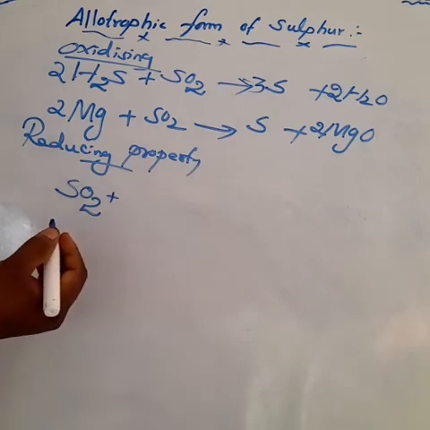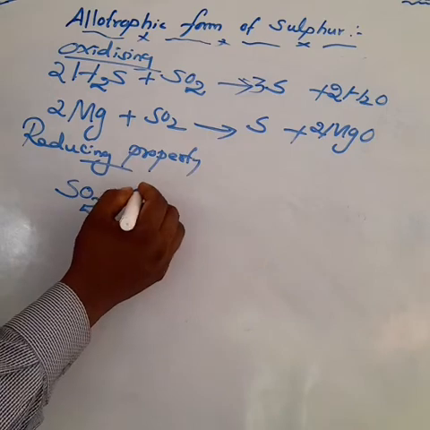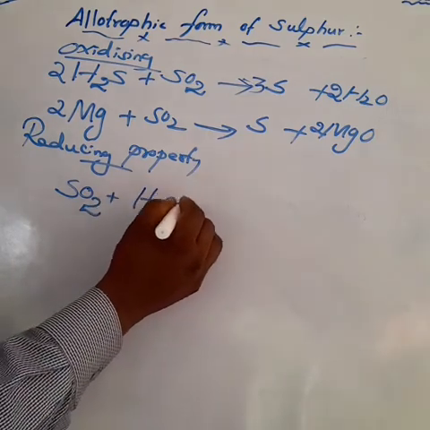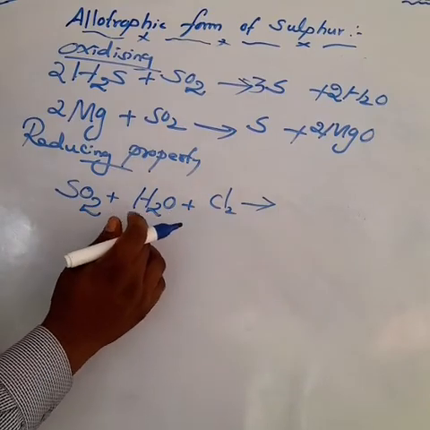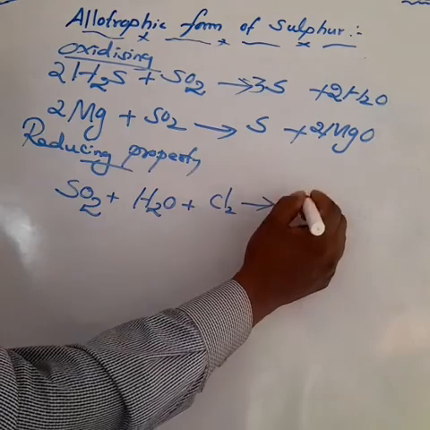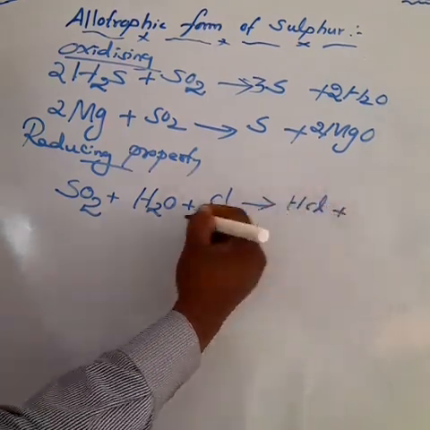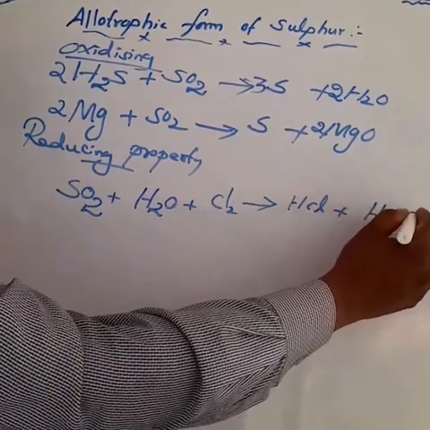Cl2 molecule into HCl. How can you write the equation? First we have to write SO2 plus one of the water molecules H2O and also taking Cl2, we get HCl plus hydrogen combines with the SO2 and also this oxygen, we get H2SO4.